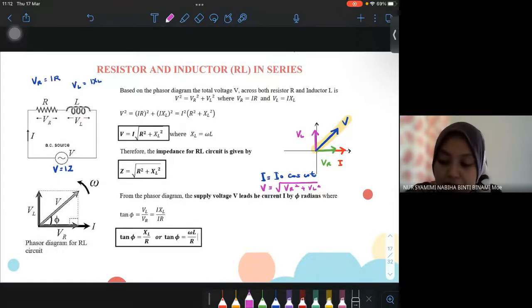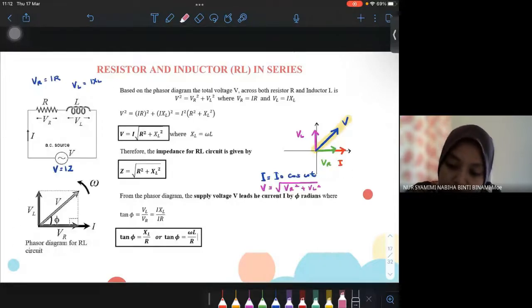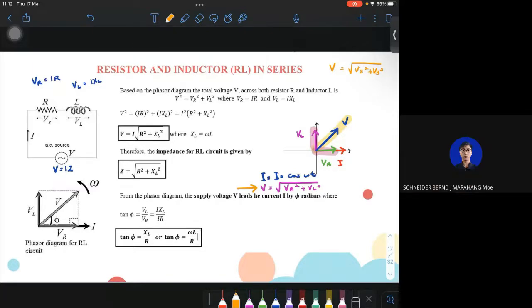Sebab apa? R berada di X komponen dan L berada di Y komponen. So kita kena guna resulting vector, which is V is equals to square root of V in X component square plus V in Y component square. So that's why kita dapat equation yang bawah ni. Okay, jelas? Jelas, madam.